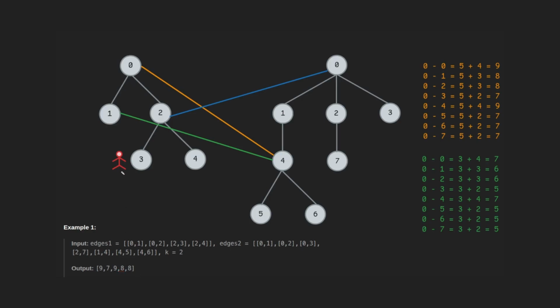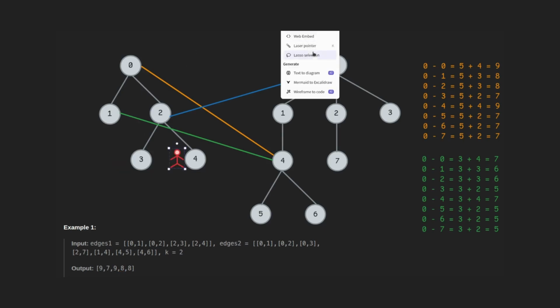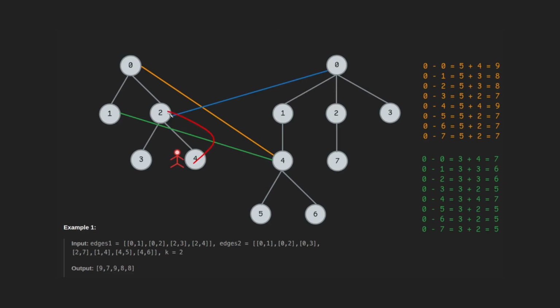Similarly, standing at 4 will also give us how many nodes we can cover in 2 hops. That is 1, 2 and 1, 2, right? So 4 nodes can be covered from here. Same, 4 plus 4, 8. 8 is the maximum. So we need to return this output, right?